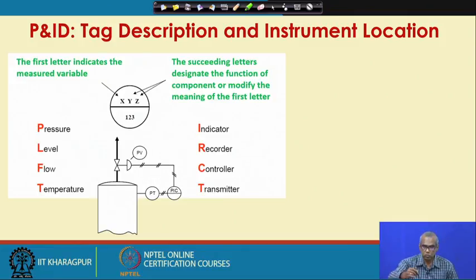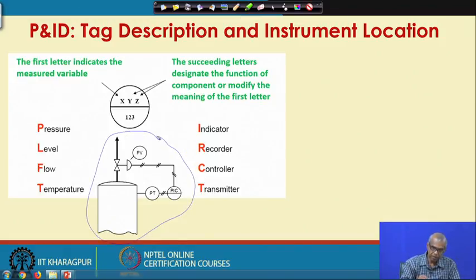Now, let us look at the tag description and the instrument location. What do you mean by tag description? Look at this simple diagram, simple P&ID. Focus your attention here.